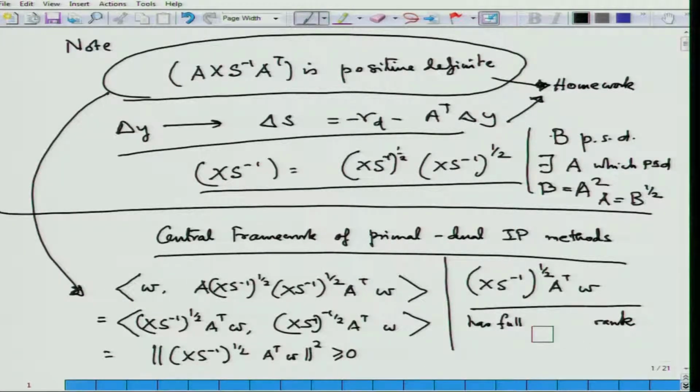Row rank is the same as column rank, but full row rank. So, once you can show that this has full row rank, this is equal to 0 if and only if this W becomes equal to 0. It is simple to show that it has full row rank, and that is exactly what you have to show, that this matrix is positive semi definite.